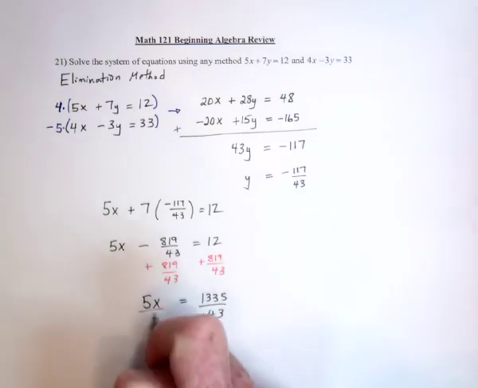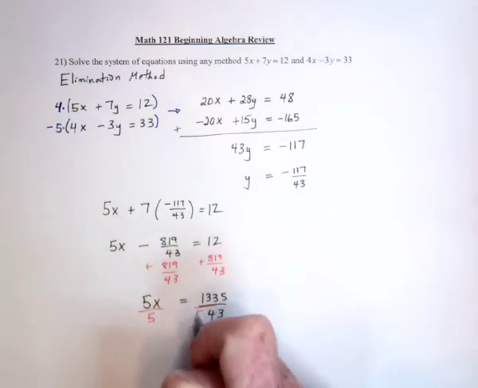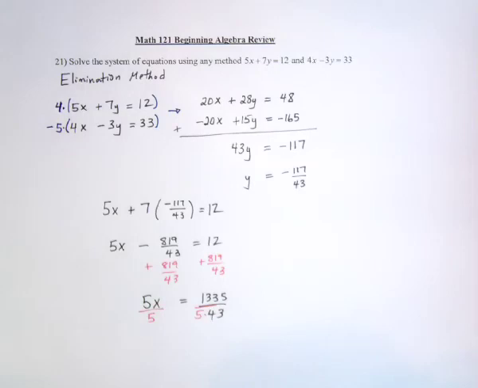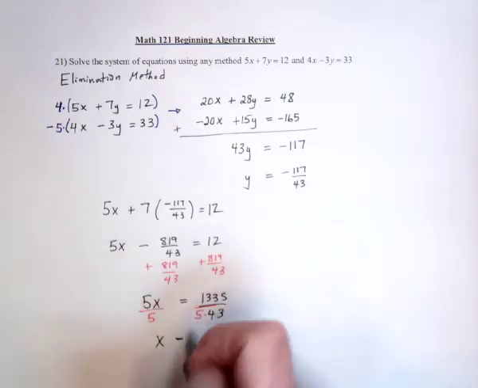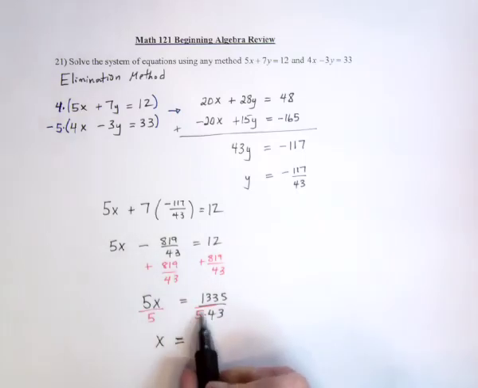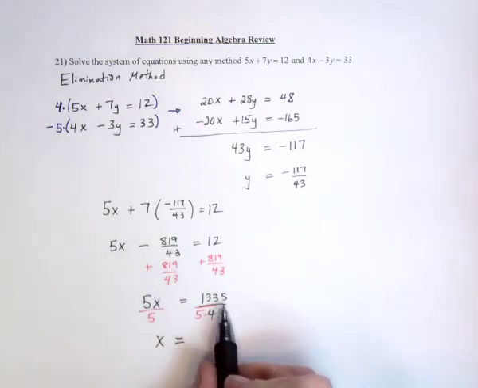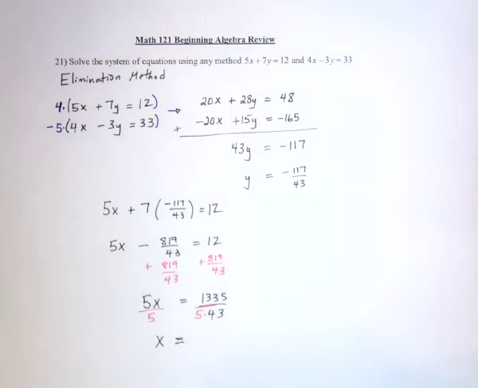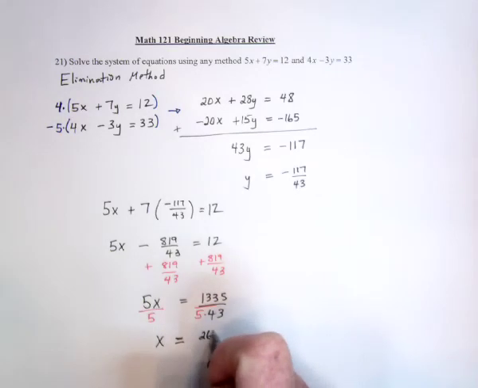So divide by 5 and divide by 5. On the left-hand side we have x. And then this 5 will divide into the 1335 since this ends in 5. 267 times. So it's going to be 267/43.